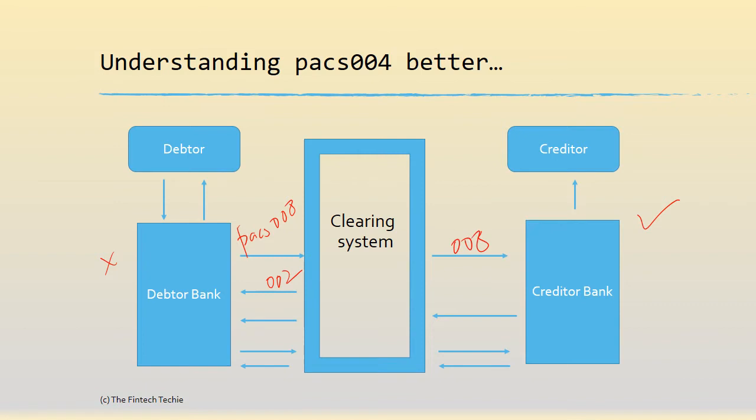Why may they reject? Because the creditor account could be invalid, closed, frozen, or so on, and that's why they would send a pacs.004 related back to this bank so that the original customer is credited back. This is what we are going to focus on today: how is the 004 message going to be uploaded or STP'd into the product processor of the debtor bank?